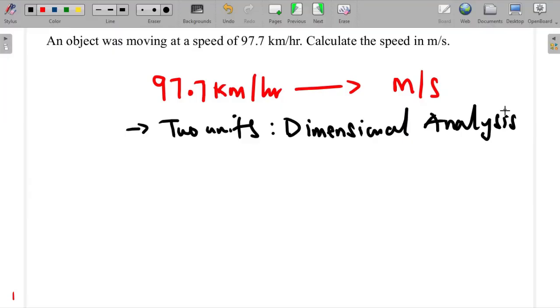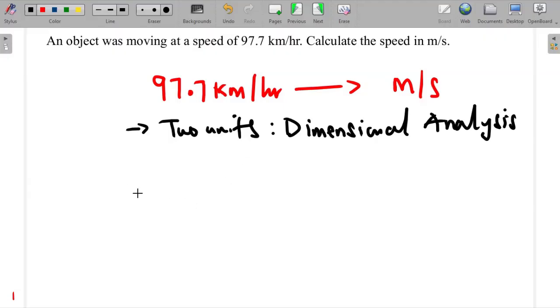But in chemistry, you're simply going to use dimensional analysis to convert units. Dimensional analysis is a method in which we just arrange the units in a particular way with their conversion factors so that those units that we don't want are going to cancel out, and those that we want are going to remain. That's what basically dimensional analysis is.